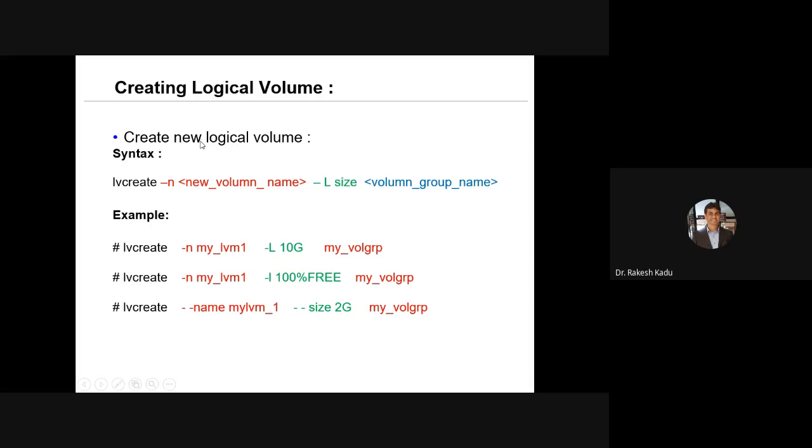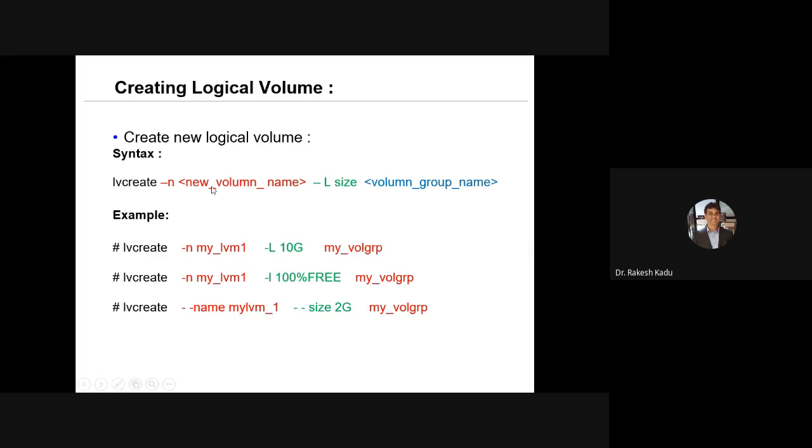So how can we create a new logical volume? That is LV. The command is lvcreate, and the argument is minus n. Minus n stands for the name of that particular logical volume, so the new volume name.